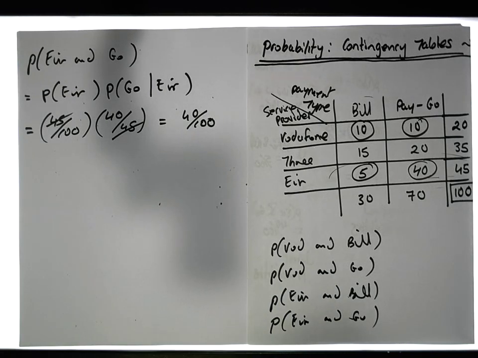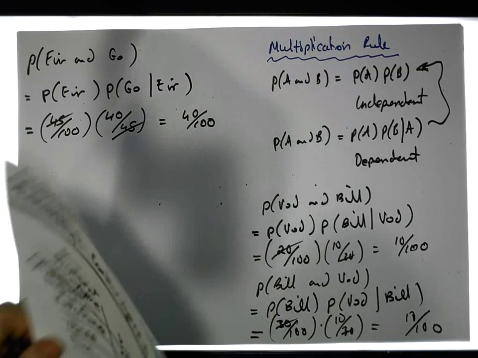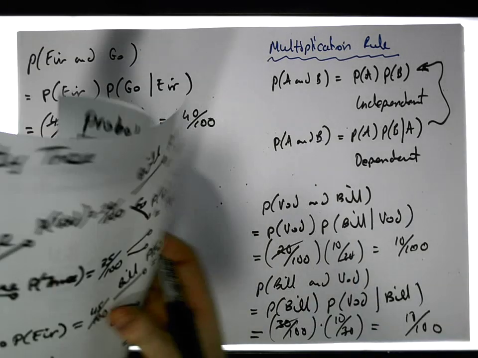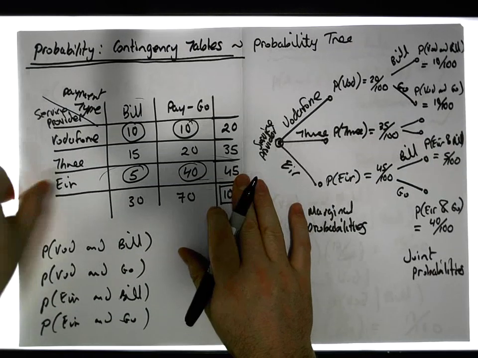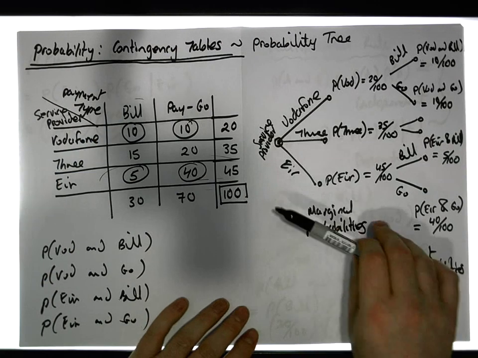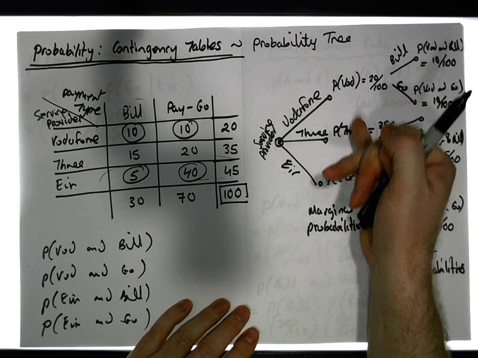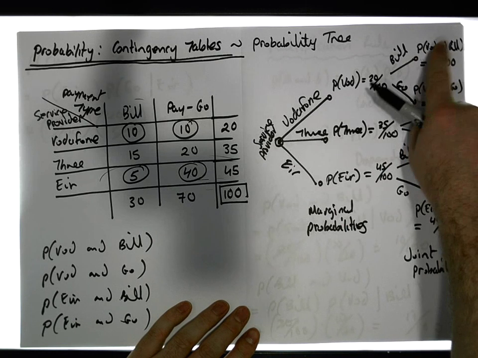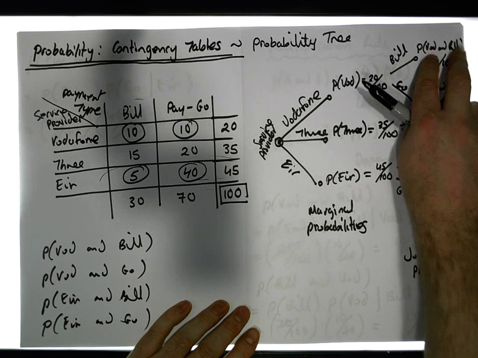So you can actually see what's happening here. Let's say, for argument's sake, that we want to calculate conditional probabilities. The probability tree allows us to fill in our marginal probabilities, and also allows us to fill in the joint probabilities.